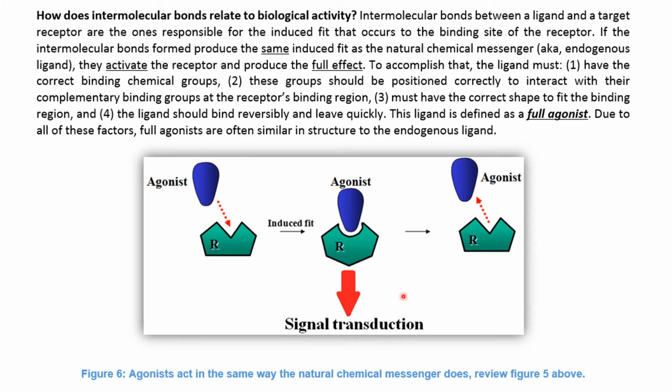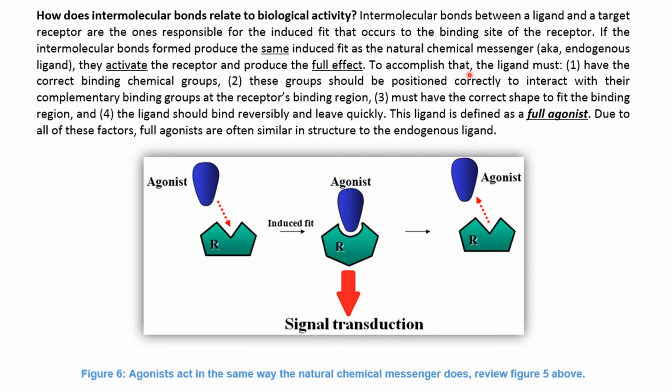Now, if we need to design a drug that should produce the same biological effect, then we would design a molecule that should produce the same induced effect that the natural chemical messenger will produce, and thus leads to the signal transduction and the biological effect desired.